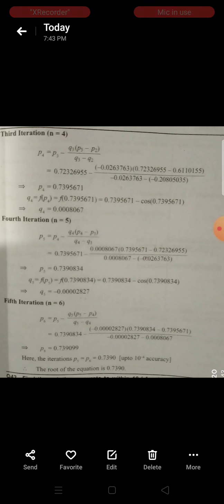Q4 is equal to f of P4 is equal to f of 0.7395671 is equal to 0.7395671 minus cos of 0.7395671, implies Q4 is equal to 0.008067.